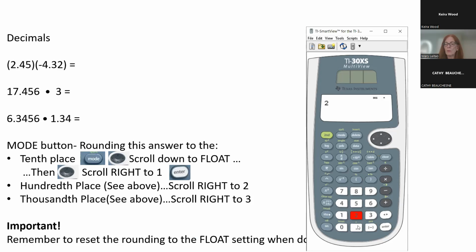So we're going to 2.45 times, we'll do it without the parentheses, times negative 4.32. And it's a negative number, negative 10.584. Clear that one.